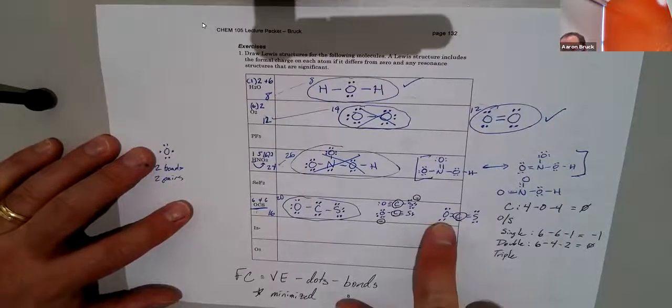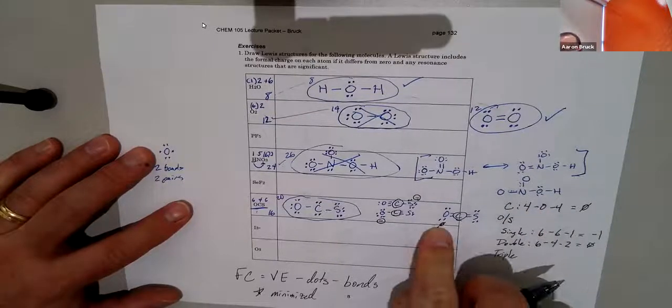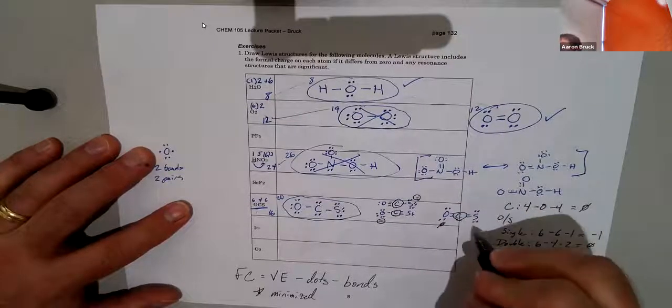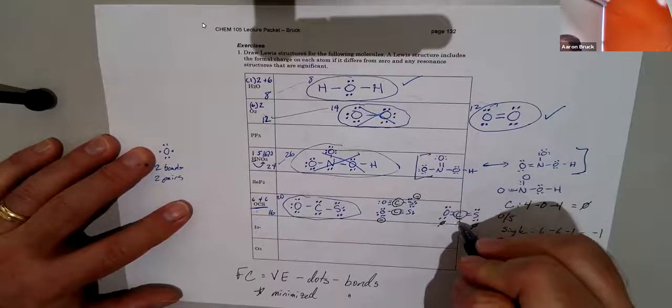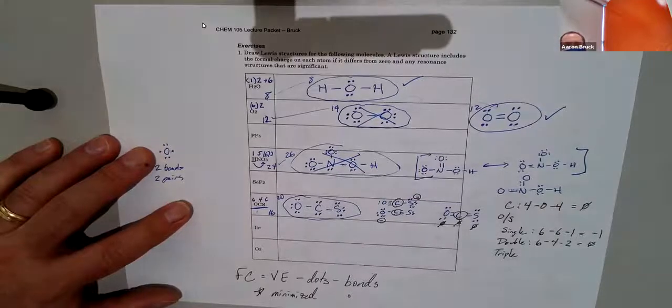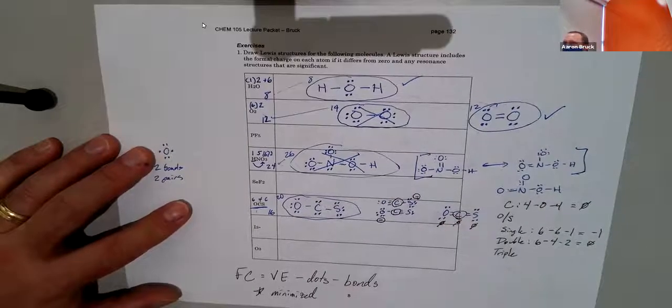So in the third structure, we would have no formal charge on the oxygen, no formal charge on the sulfur, and we've already established no formal charge on the carbon. So no charges anywhere in this molecule.